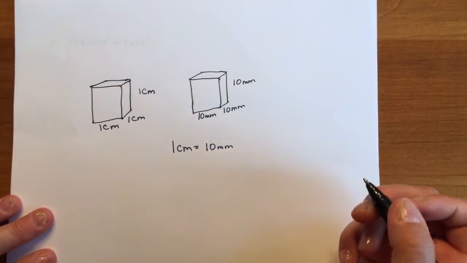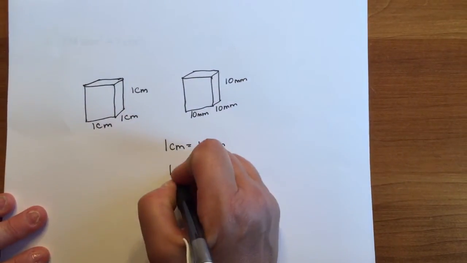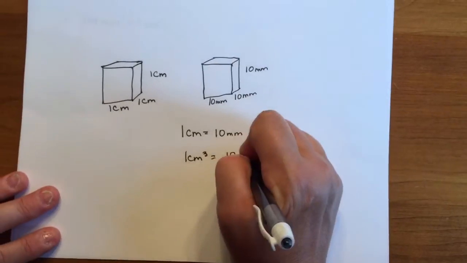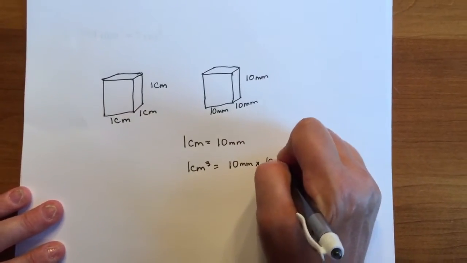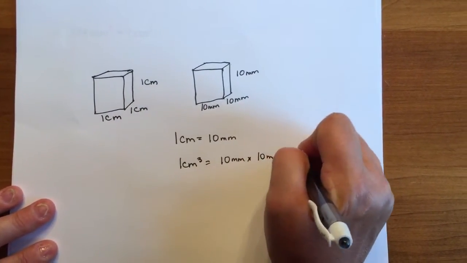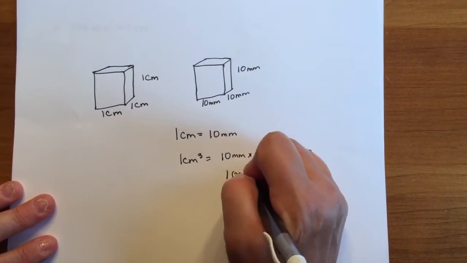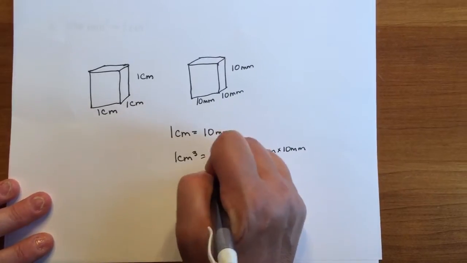So in actuality, a 1 centimeter cubed block is equivalent to 10 millimeters times 10 millimeters times 10 millimeters, which is the same as 1,000 millimeters cubed.